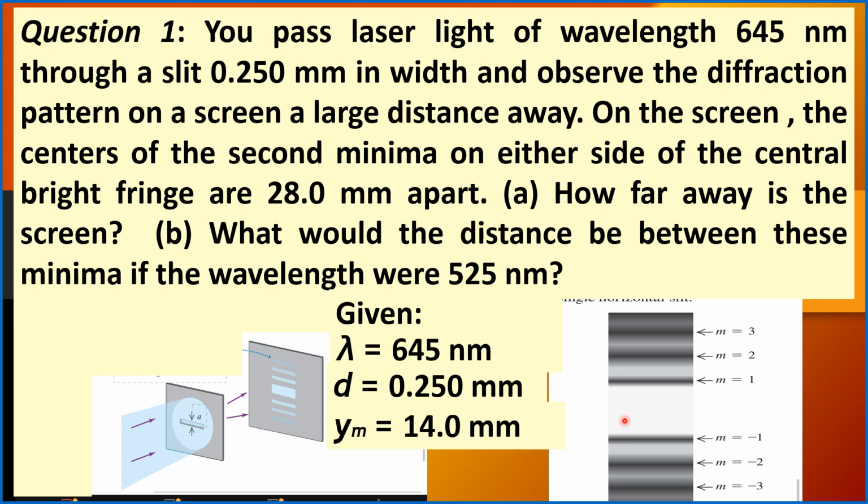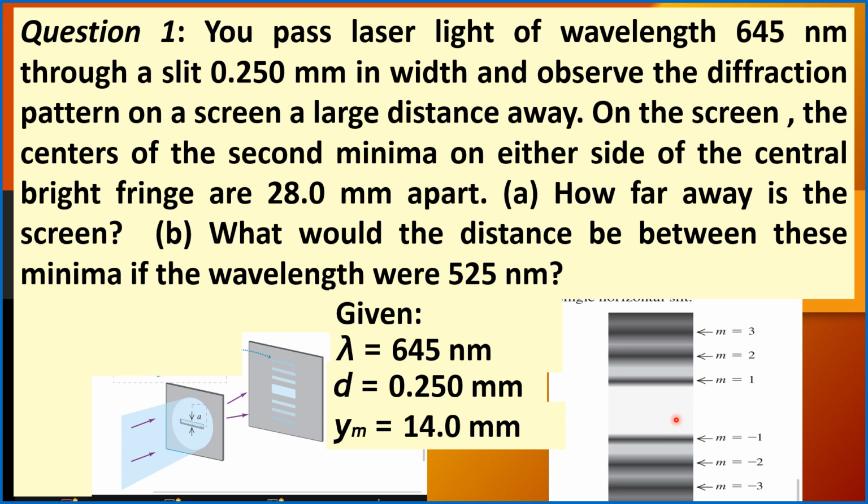We call that the central bright band, whose path difference from the slit is 0, resulting in a very bright band at the middle of the diffraction pattern.